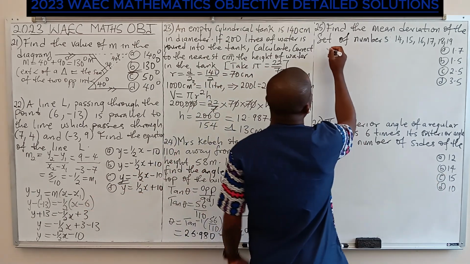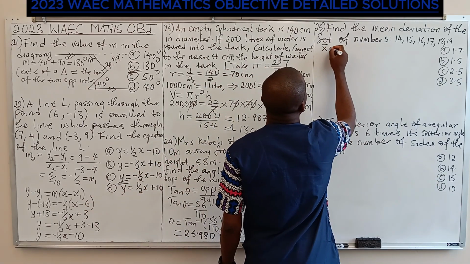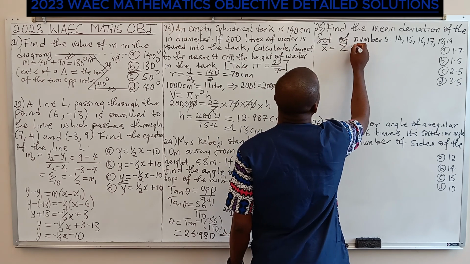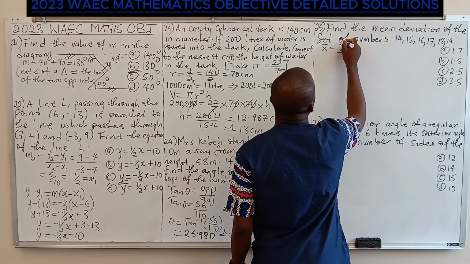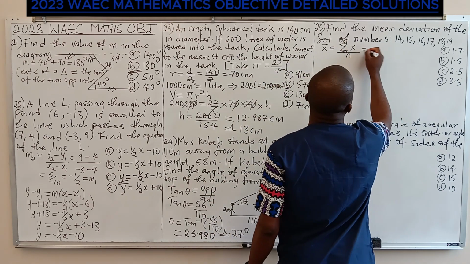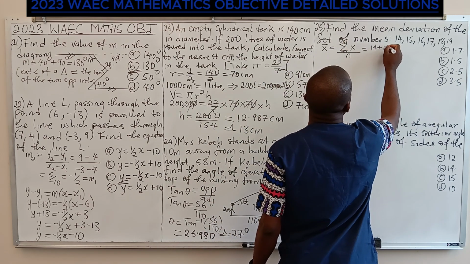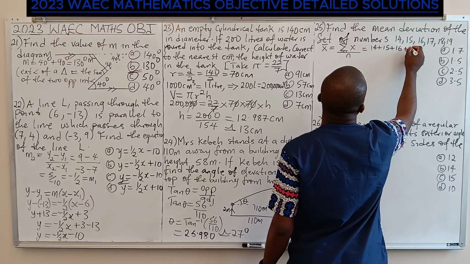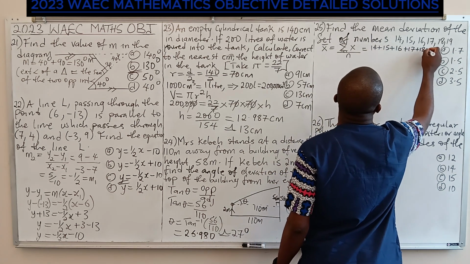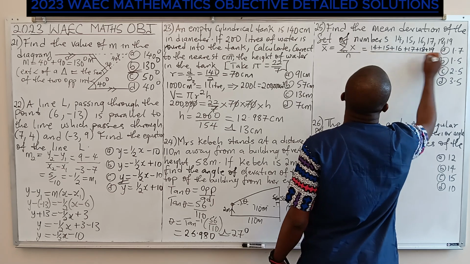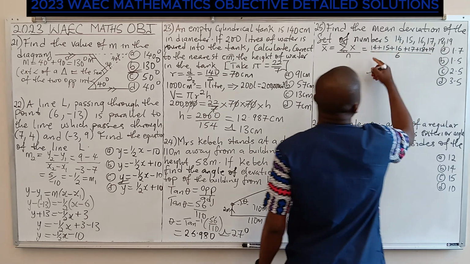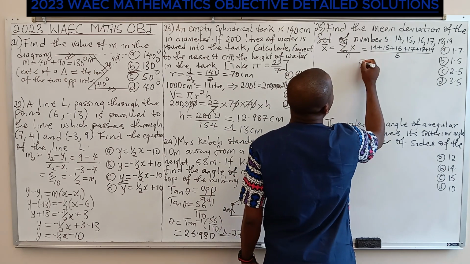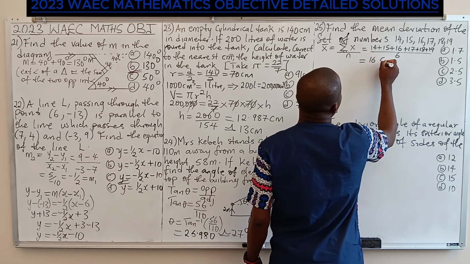The mean is given as the sum of the numbers over n, i ranging from 1 to n. So if we sum these numbers, 14 plus 15 plus 16 plus 17 plus 18 plus 19, and divide by their count, 1, 2, 3, 4, 5, 6, by 6, we'll have the mean as 16.5.